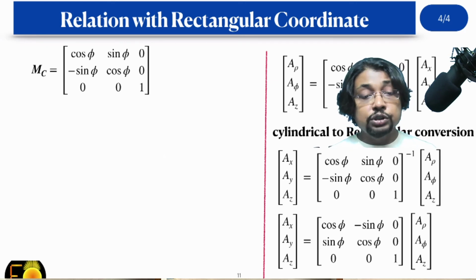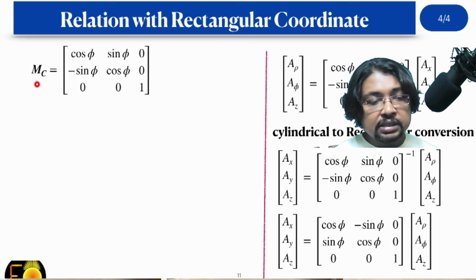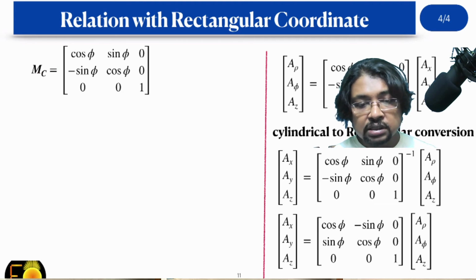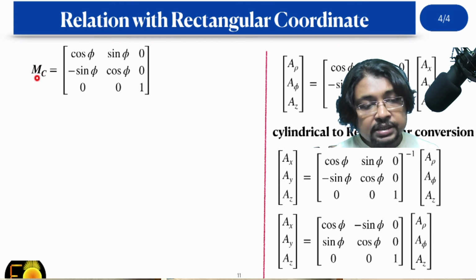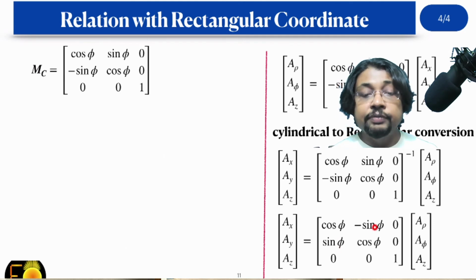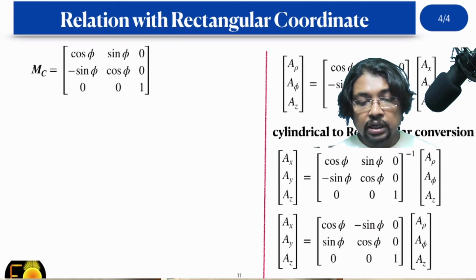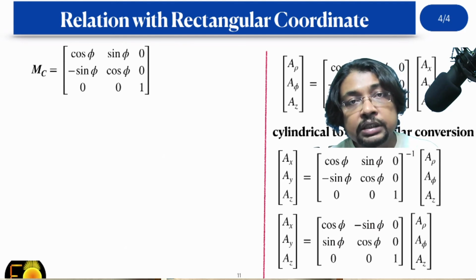And now the most important part: if I define this matrix as MC, as I told, the inverse of this matrix is nothing but just the interchanging of its off diagonal elements. That means sin phi is appearing over here, and this minus sin phi is going over there, and all other terms remain the same.